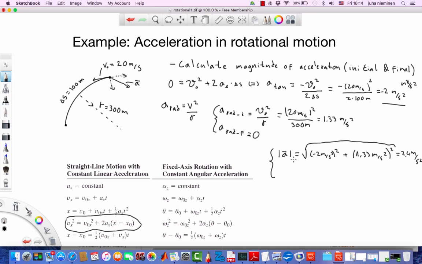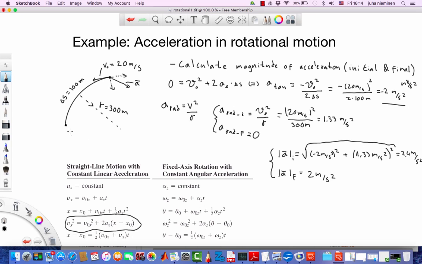And so this is initial and final. Well, we only have the tangential component, so the magnitude is just the magnitude of that one, so a little bit less, 2 meters per second squared.